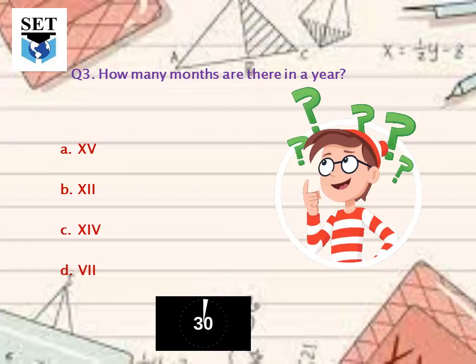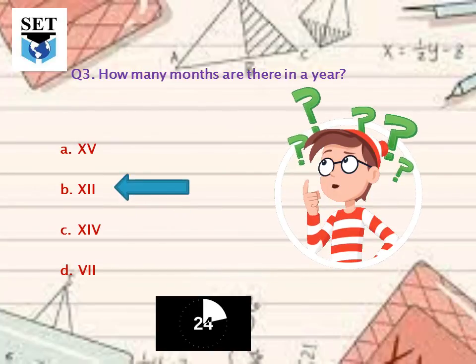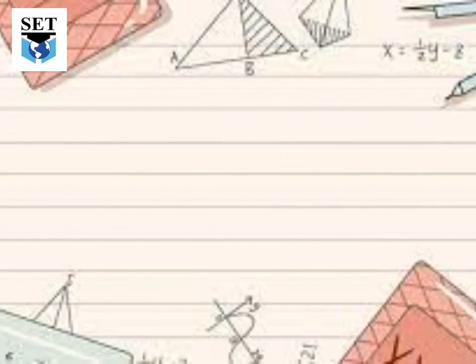All these options are given in Roman numerals. So you can easily find out how many months. Very good. There are 12 months in a year. Great job.